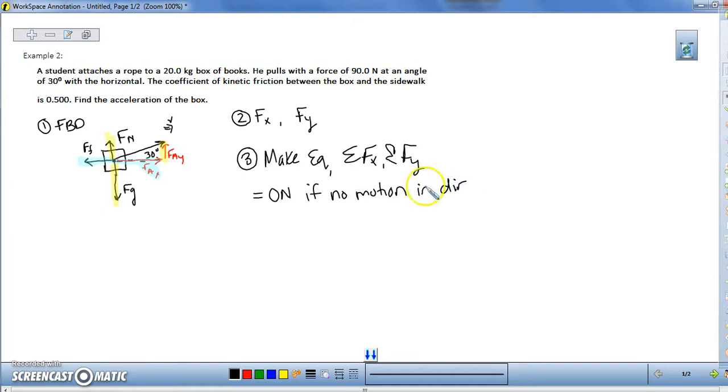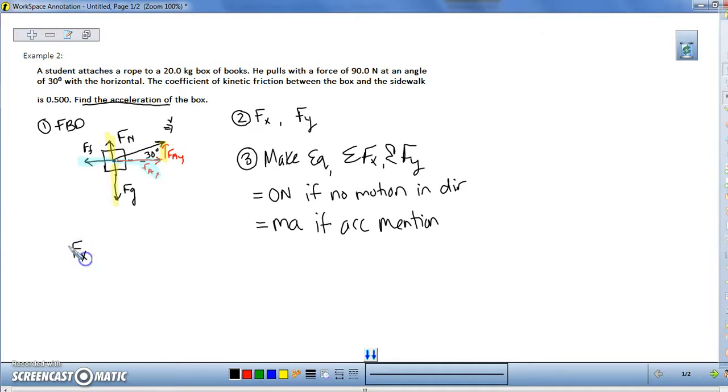So basically our Y value is going to be set to 0 because we're not moving up or down or accelerating anyway. And then we'll set it to MA if acceleration is mentioned. So as you notice, we do have an acceleration, so we're not going to set it to 0 in this case. We're going to set it equal to MA. So let's make our equations.